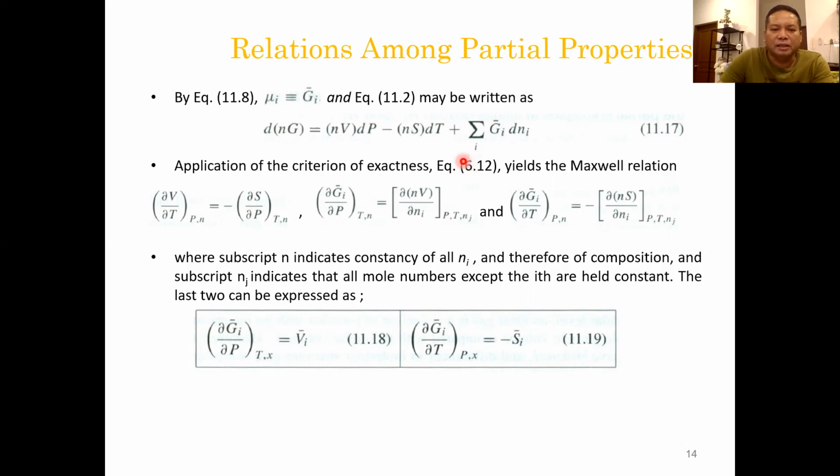So this is the equation here. We found that for Gibbs energy at constant T and x, the effect of pressure is related to the volume, and the change with temperature at constant pressure and x moles is related to entropy.